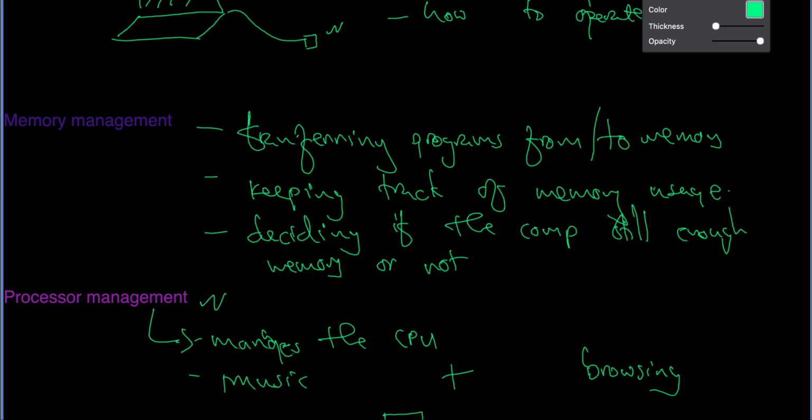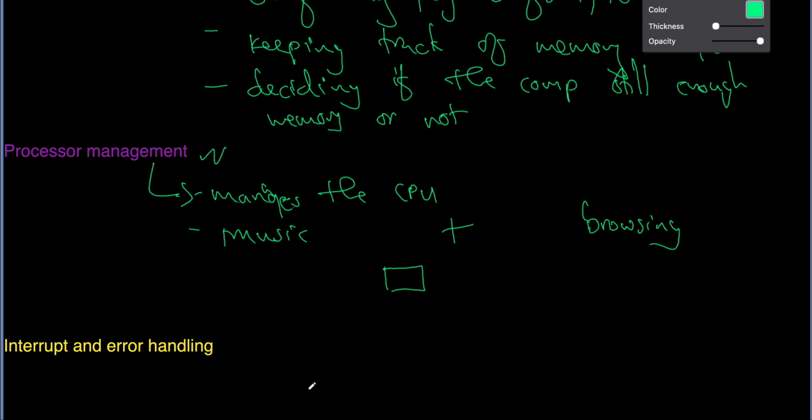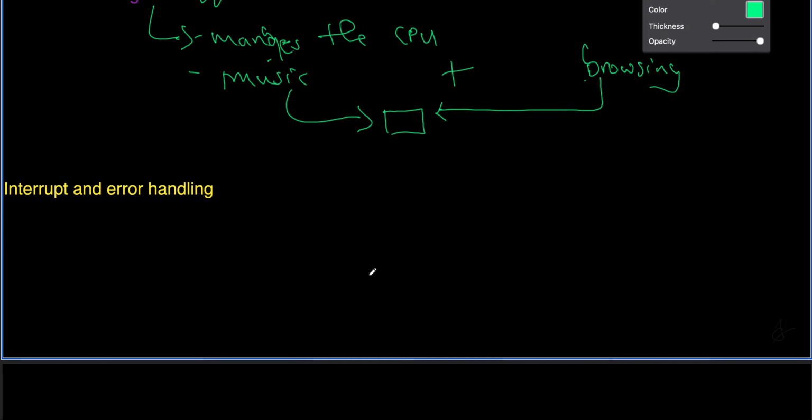You're going to be using the same CPU. The operating system is the one responsible for giving time for the music to play and for the browser to also be in the processor, because these two applications are being executed at the very same time. Who does the management of these applications is the operating system, and that function is called processor management.